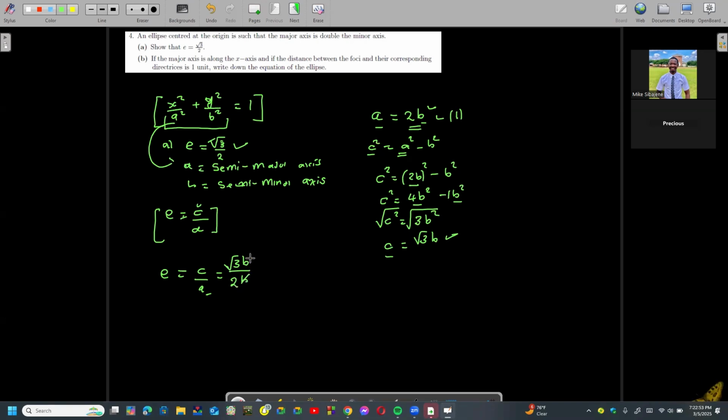So the B and the B simplify, making your eccentricity equal to the root of 3 divided by 2. Okay, the eccentricity is equal to this. So we have proved that eccentricity is equal to the root of 3 divided by 2. That is how we find the eccentricity.